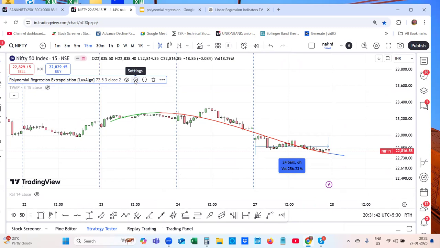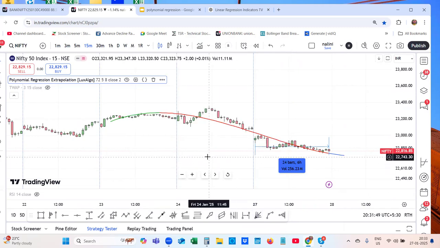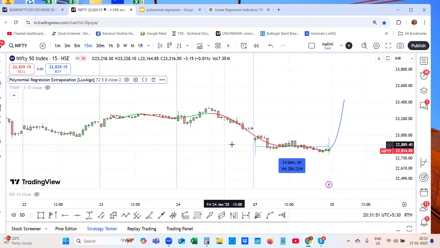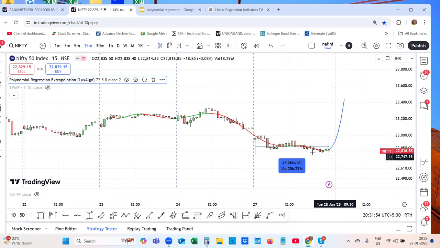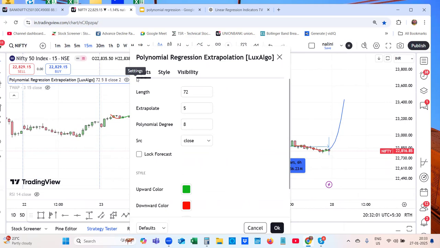Let me tweak it and select different values. Let me select 8. What it does, we'll see. See, it is curving much, right? So 3 is enough. You can backtest and select whichever fits, but for intraday, a polynomial degree of 2 to 3 is enough.